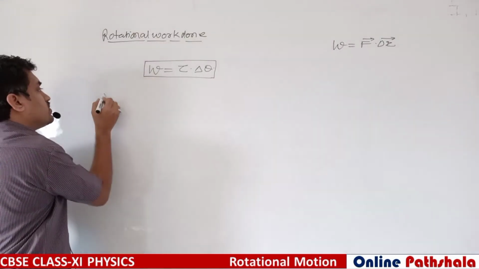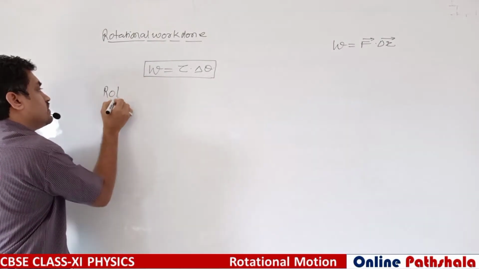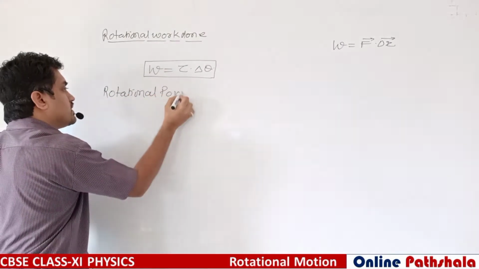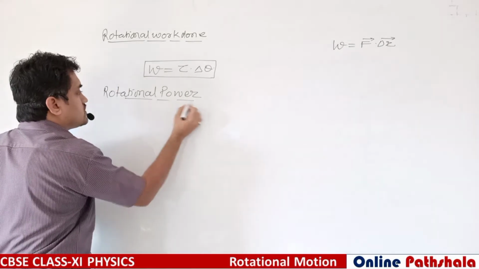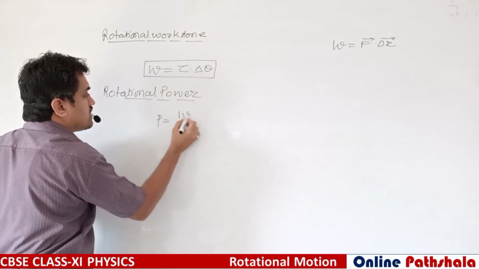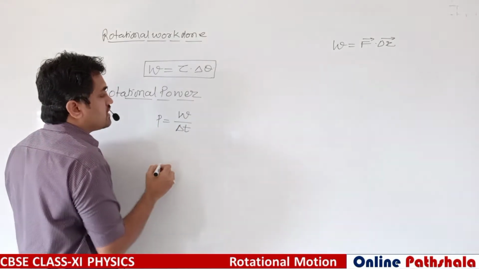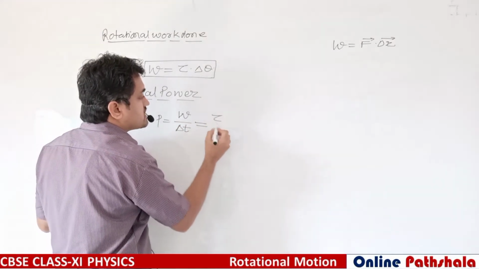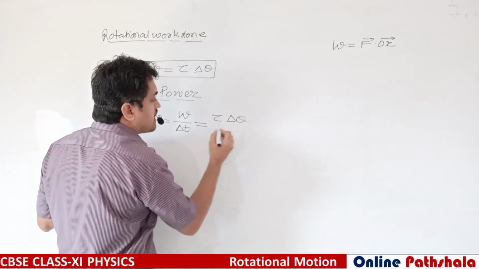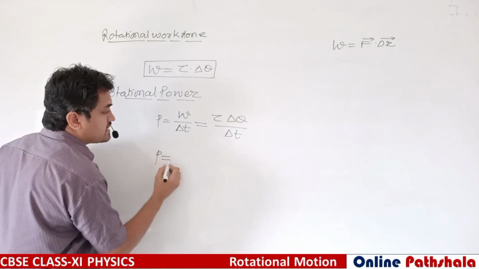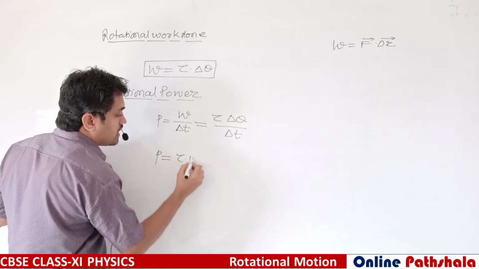If we talk about the rotational power, P is equal to rotational work done divided by delta T, which is tau into delta theta divided by delta T. So this power is equal to torque into omega.